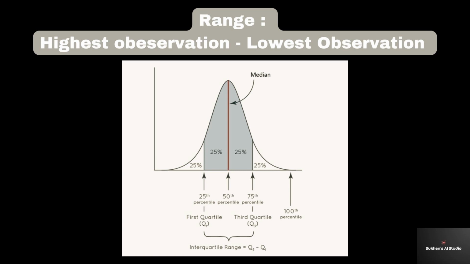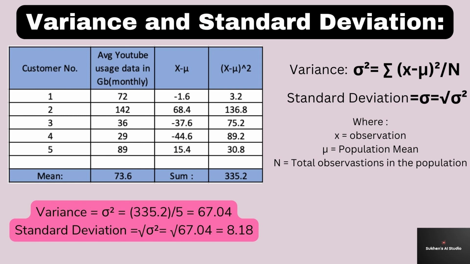Variance and standard deviation. Variance is the average of squared differences of each data point from the mean of a dataset. Here in this table, we have got user data of average YouTube usage done by them monthly. So to calculate the variance in this dataset, we first calculate the average GB spent by all these users on YouTube.